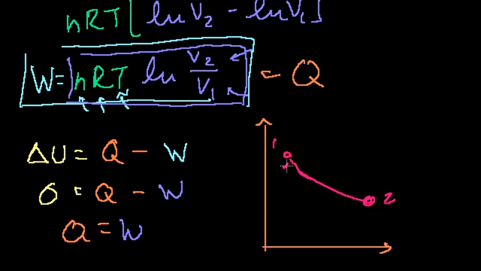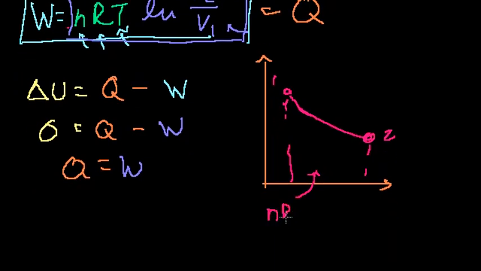And now we could have calculated the area under this, which is the work done, which was this value right here. Let me write it there. It's nRT, natural log of V2 over V1. This is V2. This is V1. This whole axis, remember, was the V-axis, volume axis. This axis here was the pressure axis.